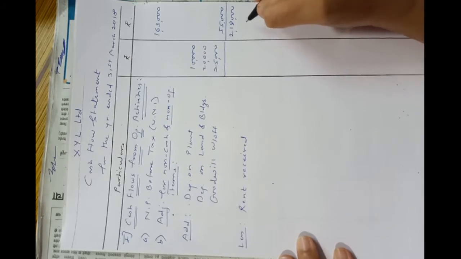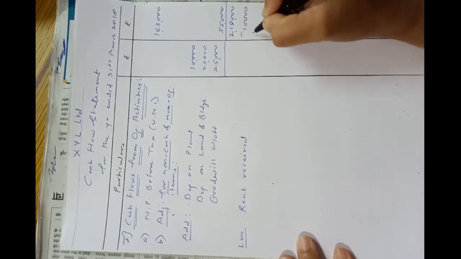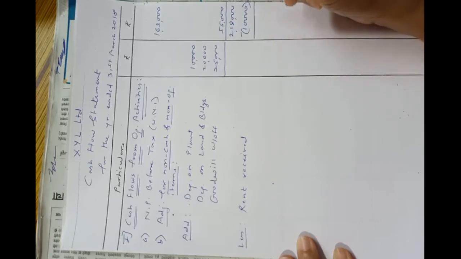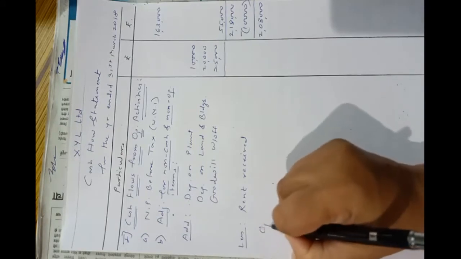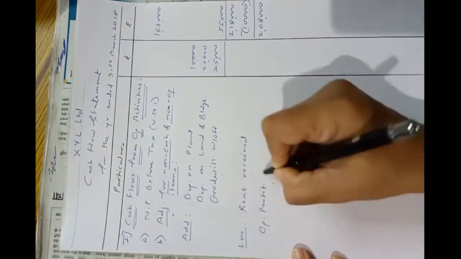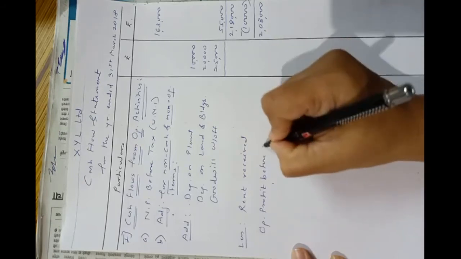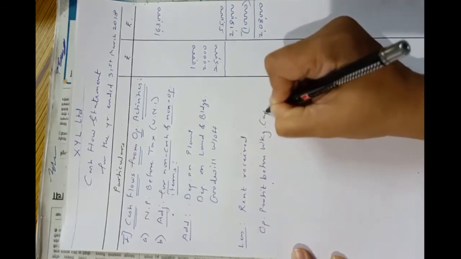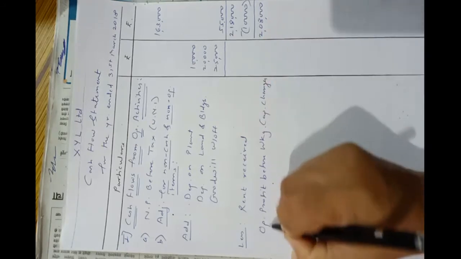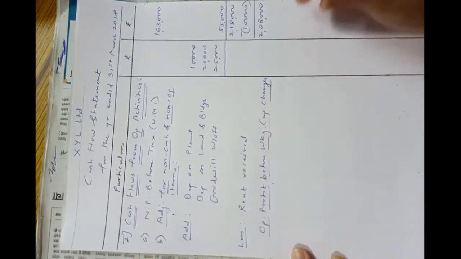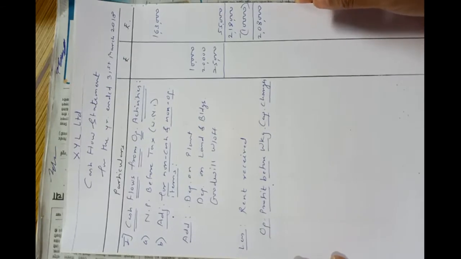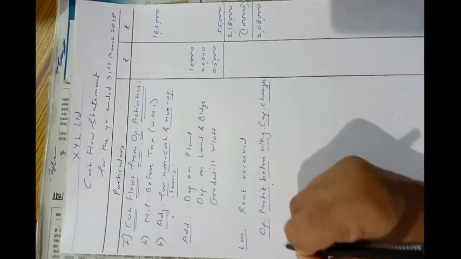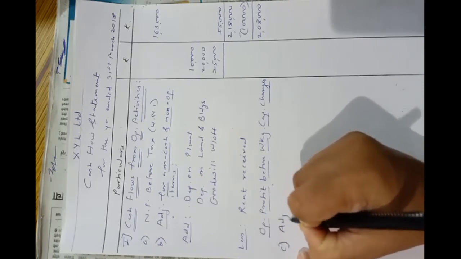Okay. So rent received 10,000, you can write like this: 2,18,000 minus 10,000, so it is 2,08,000. Operating profit before working capital changes is 2,08,000 in this problem. Okay. Now C point is adjustment of working capital changes.